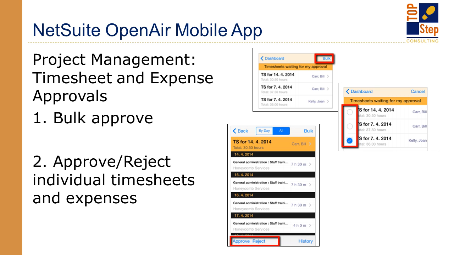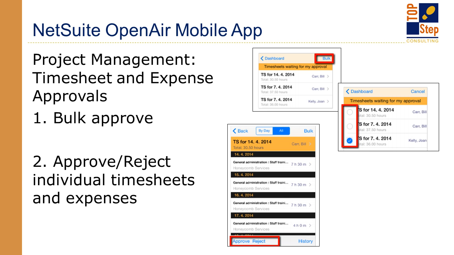If they are able to approve time or expenses, there are a couple of different options. They have a bulk approval, which allows them to select one or many of the expense reports that they're going to approve. So again, this may be very beneficial, or you may deem this is not very beneficial. Again, something to consider as you're rolling out this app. If you are looking at individual timesheets, you can then go through the whole process of approving or rejecting those.